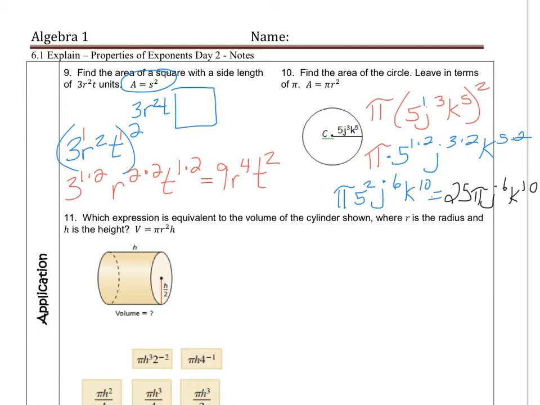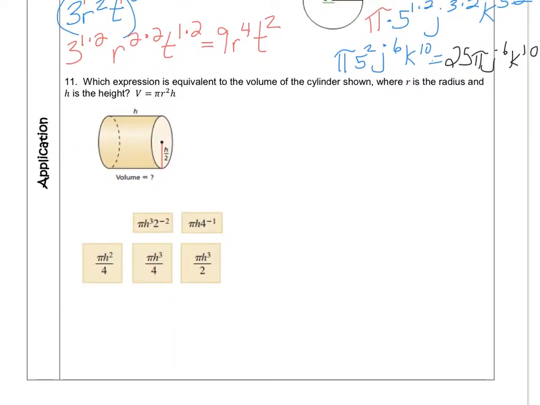Okay, the very last one, it wants you to look at what they've given you and see which one, or ones, there's actually going to be more than one answer that would fit with this. Only one of them is in the correct format, in other words, not a negative exponent, but 2 of these 5 do fit this exactly.